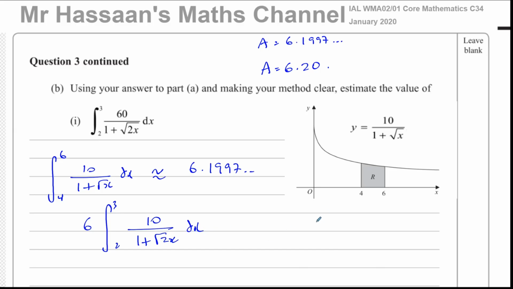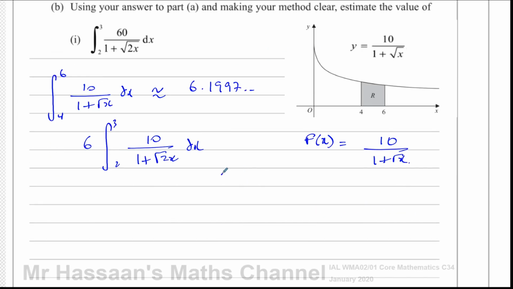Okay, so if we call f of x, for example, our original function, which is 10 over 1 plus root x, what we have now, we can say that 60 over 1 plus root of 2x. What's happened here?